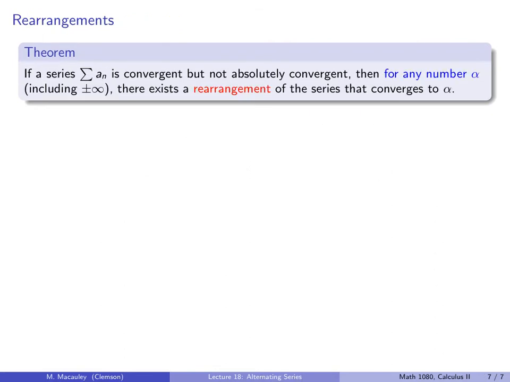Okay, so in the last slide, I'm going to show you something that is truly remarkable. This is going to blow your mind. If we have a series that is convergent but not absolutely convergent, which I don't know why I didn't just call conditionally convergent, it means the same thing. So a_n converges, but the absolute values of the a_n diverge.